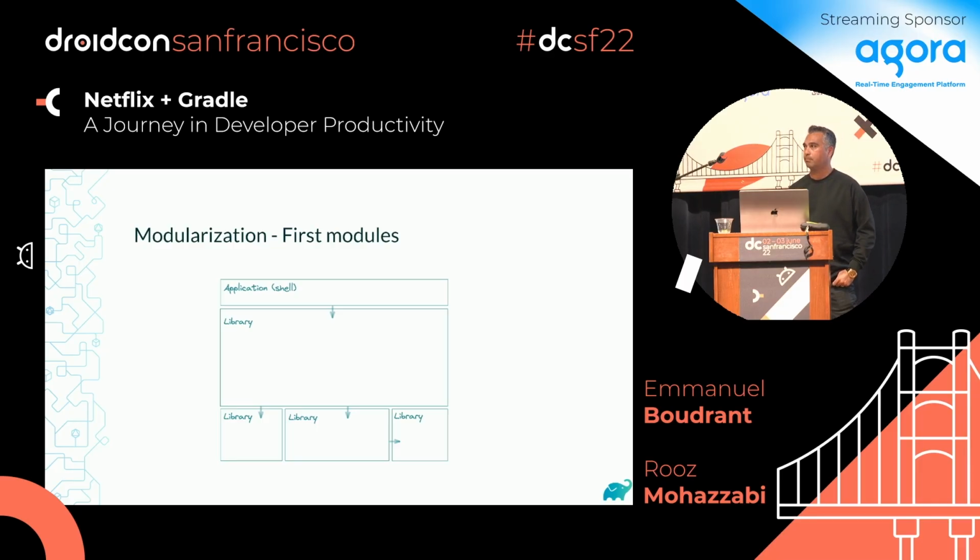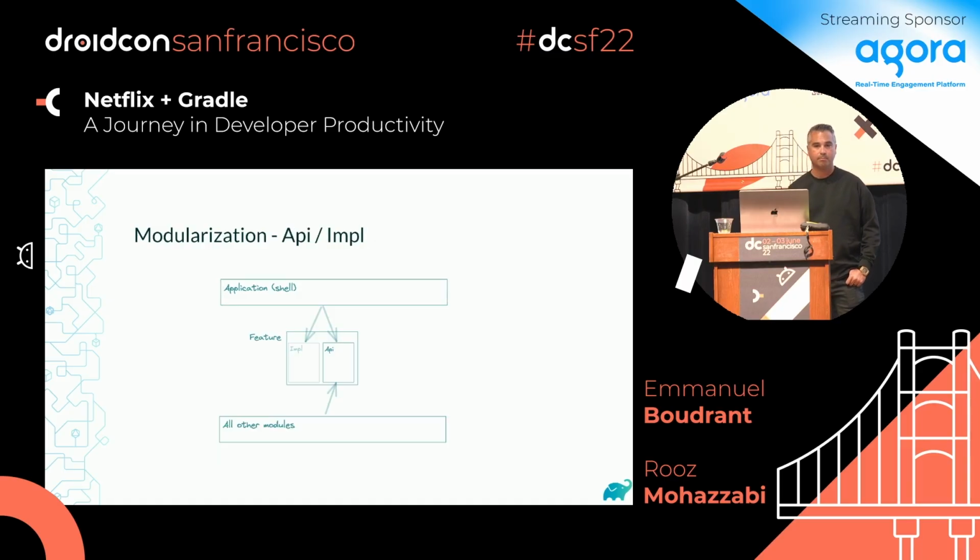It required a lot of abstraction, but it was a first step, and at least if you update your UI feature, which will be in this big library, you just recompile this big library and the application shell, so we don't have to recompile all the other libraries. But that was not perfect, and where we are now is we use this notion of feature modules, where we have a public API.